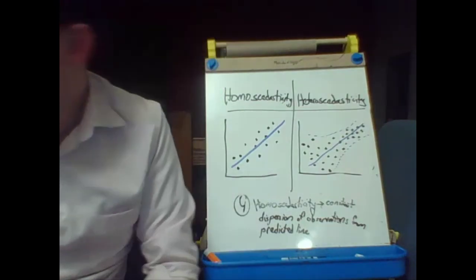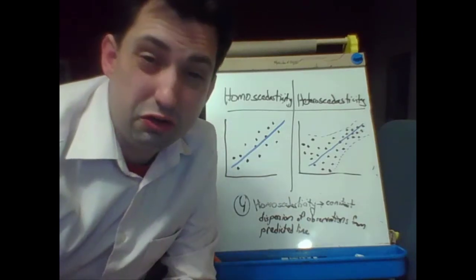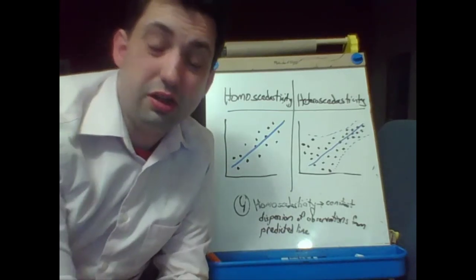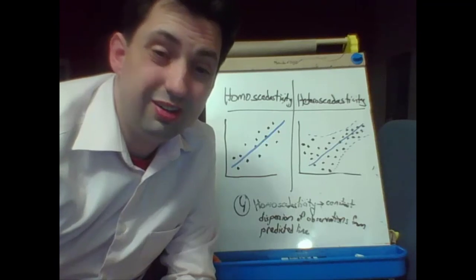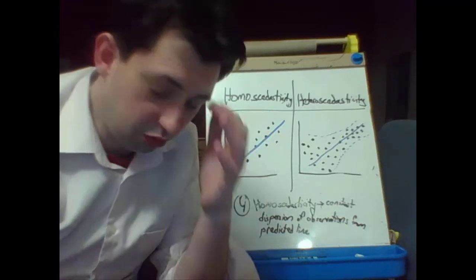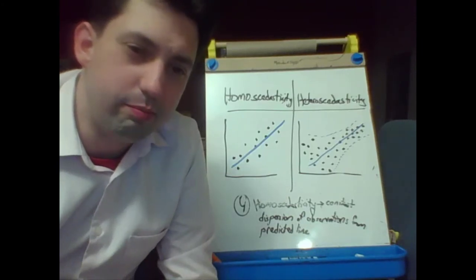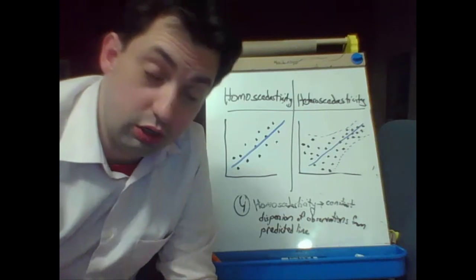If you have heteroscedasticity, it will slightly bias your error term, which will in turn slightly bias your t-values, which will in turn slightly bias your p-values. That bias can go either direction. It might be slightly higher or slightly lower than it should be.